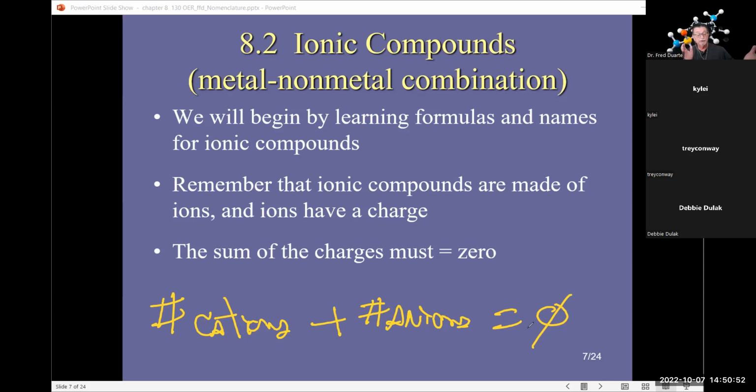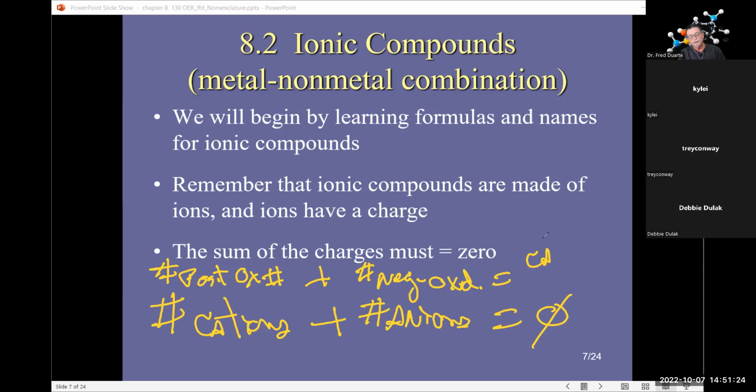For example, the polyatomic ions have a charge, all right? And so we could make a broader equation to say the total number of positive oxidation numbers plus the total number of negative oxidation numbers would equal the charge of the compound.